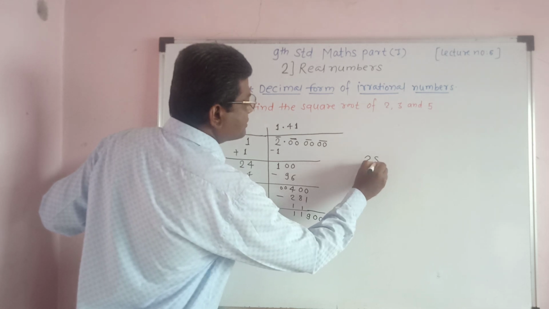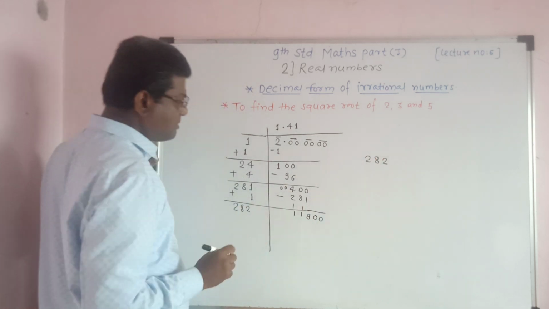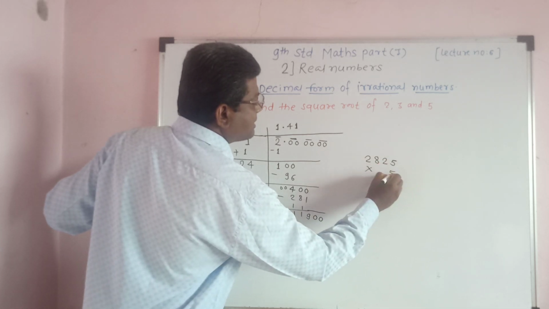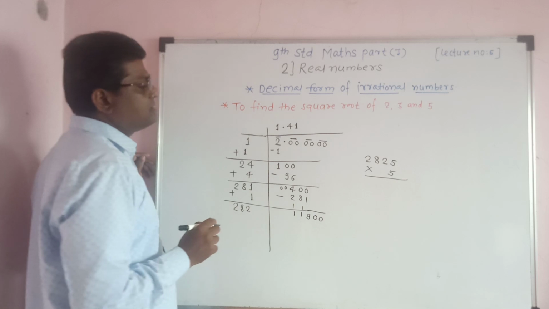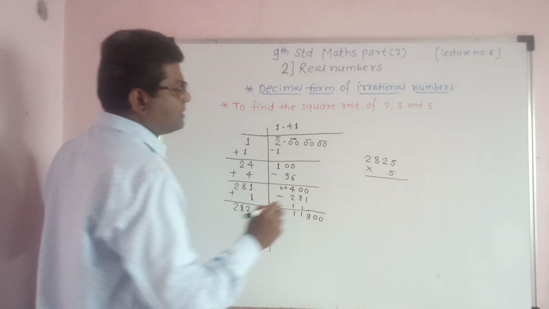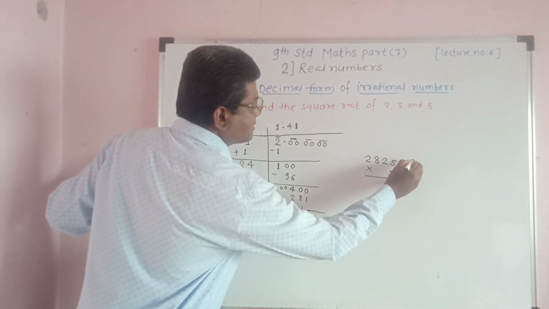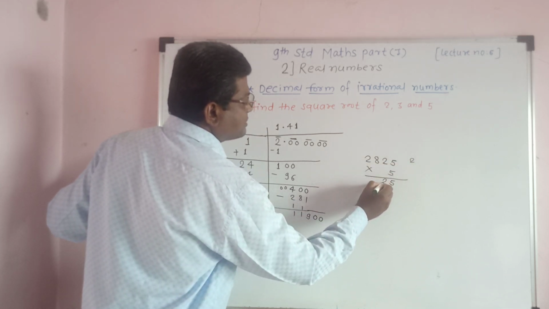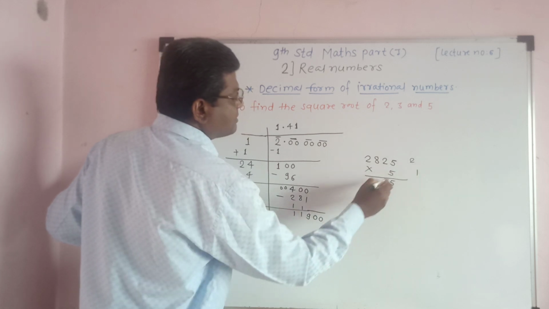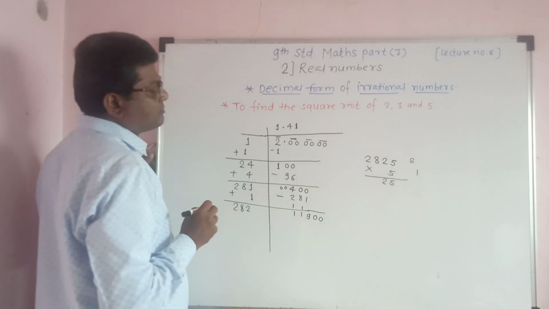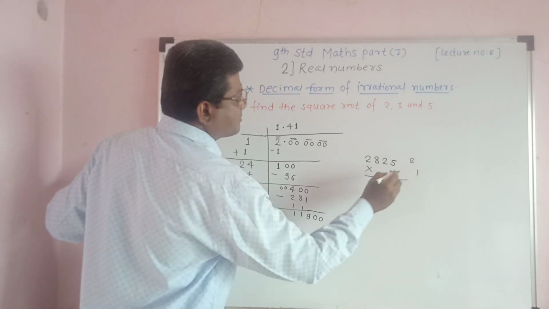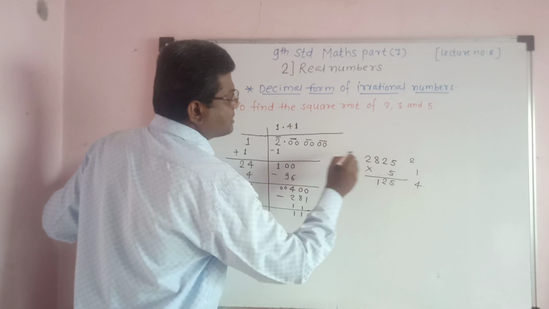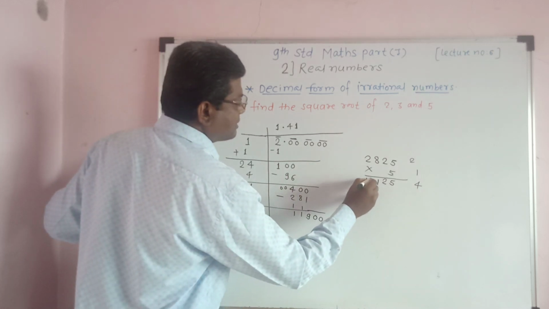If we put the number 5 on 282 and multiply by 5, then let us see what we get. 5 5s are 25, carry 2, 5 2s are 10, 10 plus 2 is 12, carry 1, 5 8s are 40, 40 plus 1, 41, carry 4, 5 2s are 10, 10 plus 4 is 14.